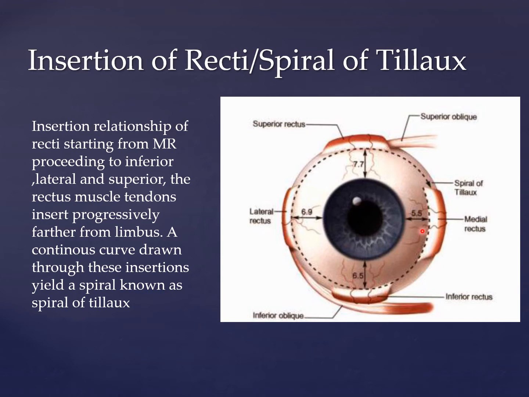See, the medial rectus is 5.5, this is 6.5, then lateral rectus is 6.9 and superior rectus is 7.7 millimeter behind the limbus. It is clinically significant because they are important landmarks while performing different eye surgeries like strabismus surgery, retinal surgeries, especially scleral buckling and pars plana vitrectomy, and also for the repair of traumatic eyes.